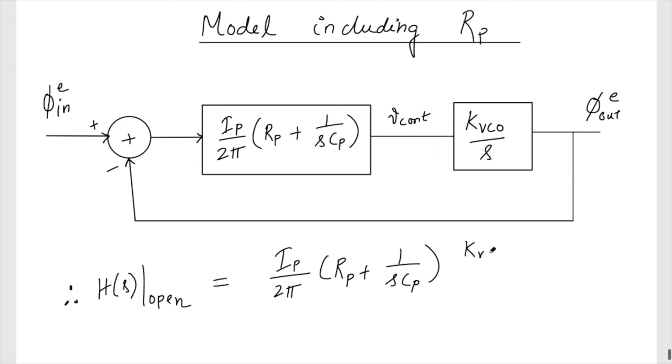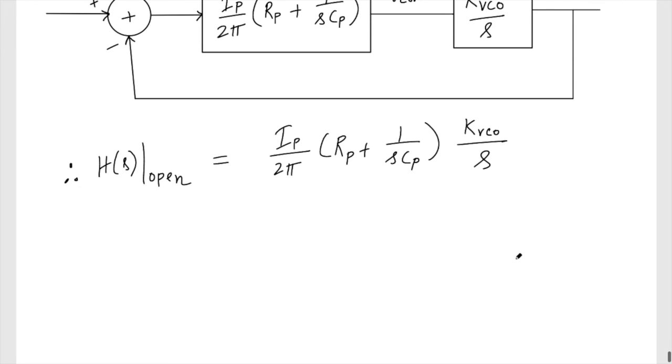into KVCO by S. Okay, so now what we are going to have is, of course, we still have two poles at the origin, but at the same time we have a 0 here.